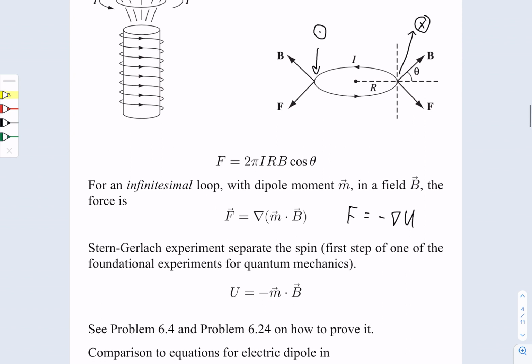And I believe I've also had you calculate the potential for an electric dipole in an electric field. The formula is actually similar: minus p dot E. It should be the homework problem of homework 3.